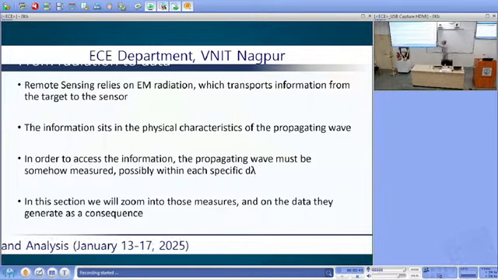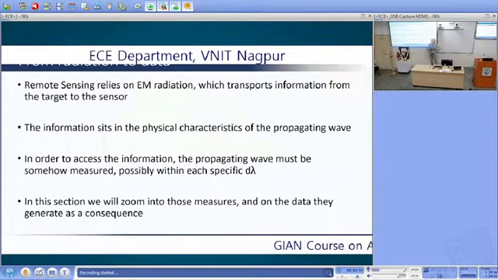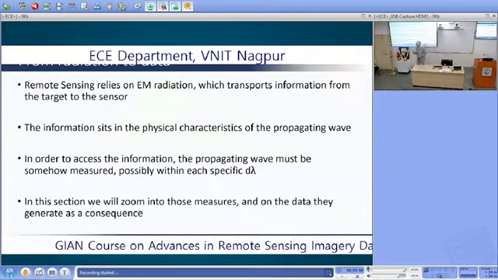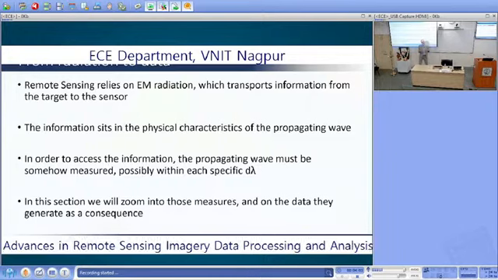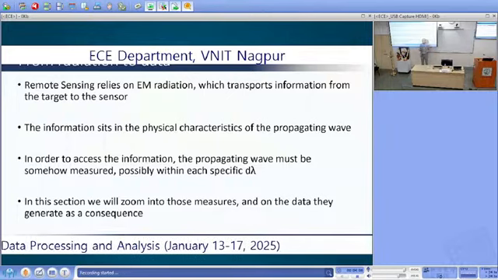And especially in multispectral remote sensing, but hyperspectral works on a similar concept, we need to basically break down the incoming radiation by wavelength. Remember, in the graphs that we saw in this morning's lecture, they were characterized by a shared characteristic, which is the fact that on the horizontal axis we had the wavelength.